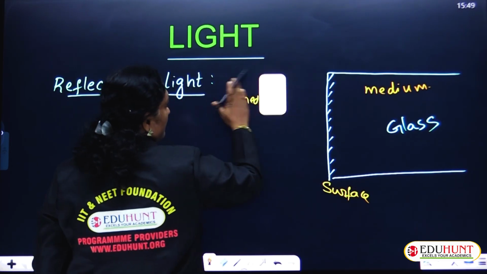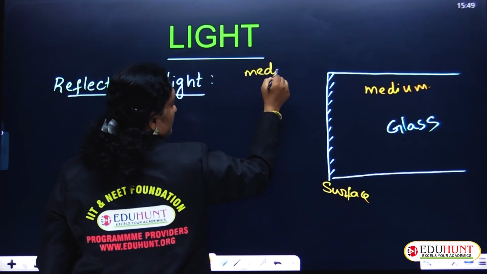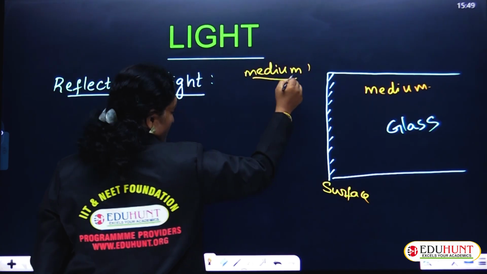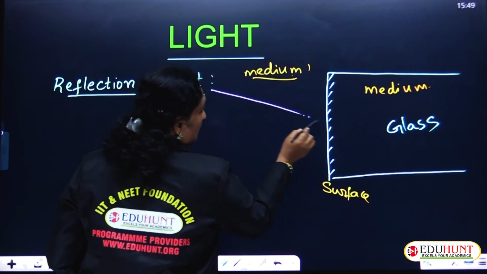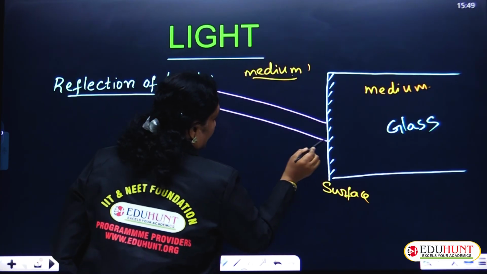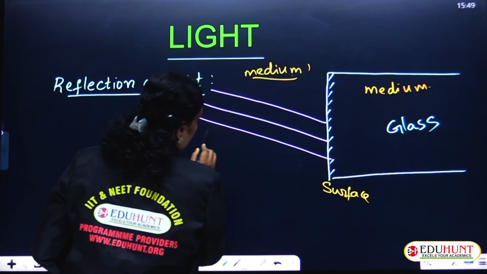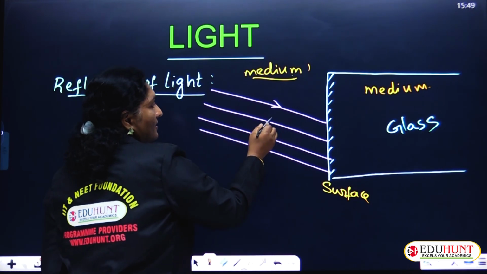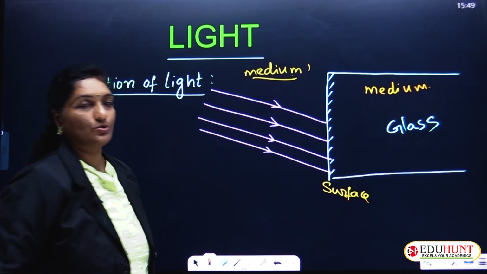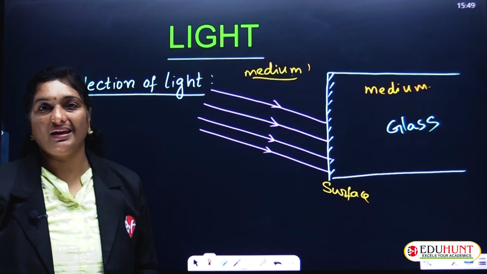Okay. Whenever a beam of light falls on a surface, as shown in the figure, this is the beam of light. This is only a single light ray and many light rays together, we call it a beam of light.